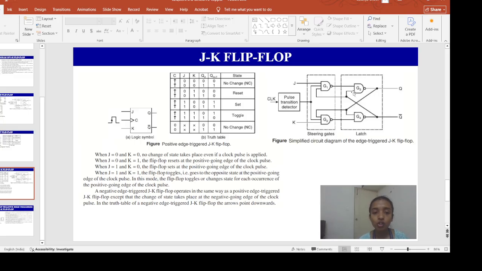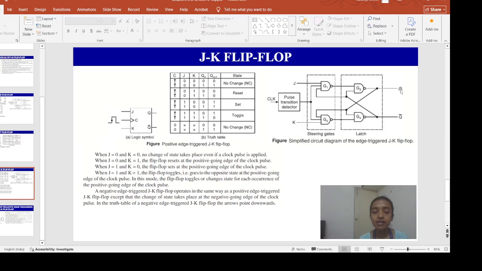So the output of G3, that means this Q, goes high. Since Q is connected as one of the inputs to this G2, the output of G2 remains high because initially Q was 0. So G4 has both inputs as 1, so its output Q bar will be 0.